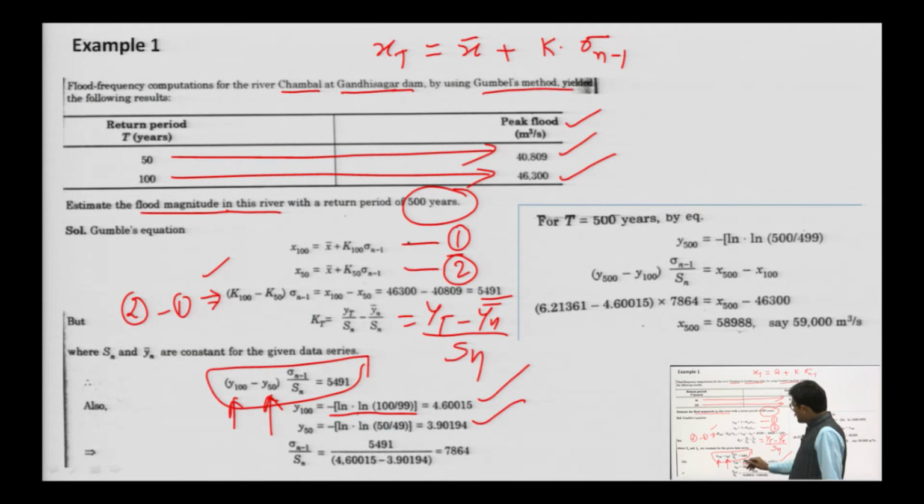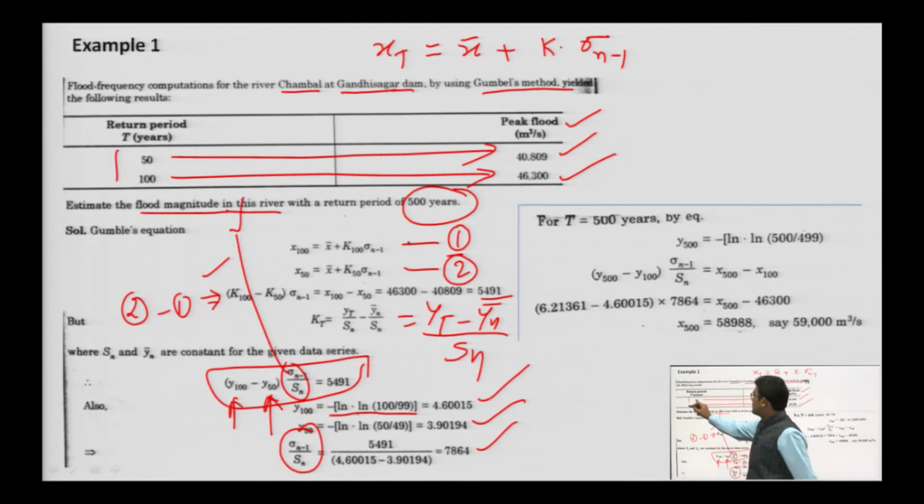By putting this value, we can calculate this one, the ratio of deviation divided by Sn, and we got the value of 7864. If we have this value, then we can calculate, meaning that thing we calculated with the help of these two data.